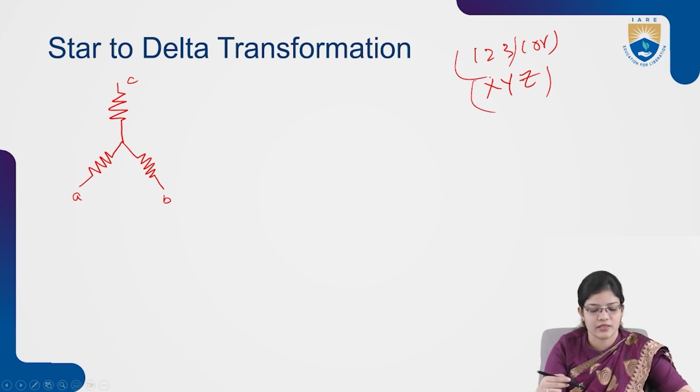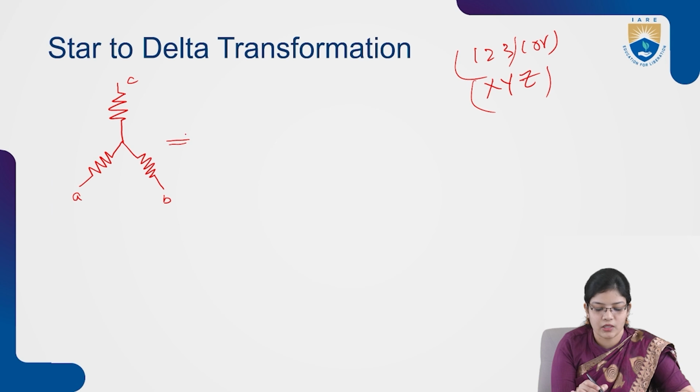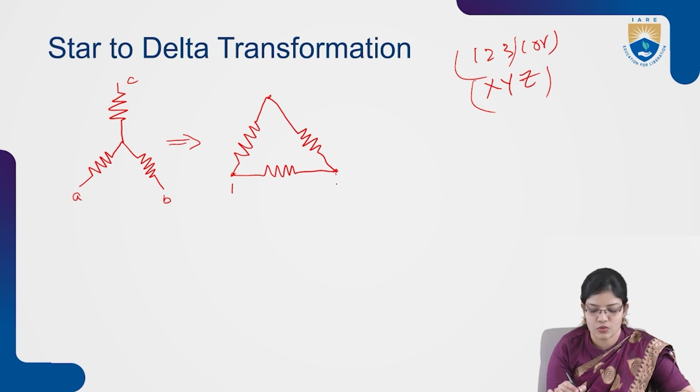So first I am taking here terminals A, B, C. So this should be converted into an equivalent delta circuit. Here I am drawing the delta network. So here I am denoting as 1, 2 and 3.